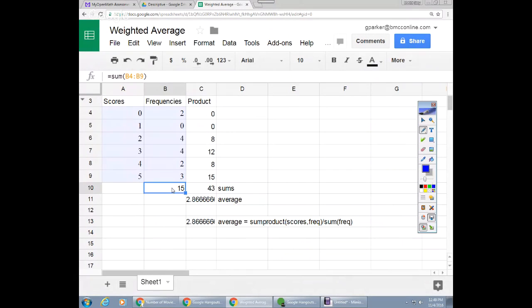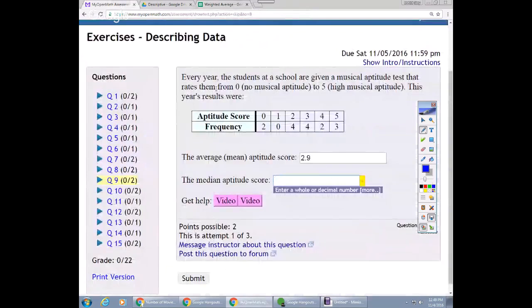Okay, so what number's in the middle of 15 numbers? 15 plus 1 is 16, divide by 2. The 8th number is the median. So all I have to do is look at the table and say, where is the 8th number going to live? Well, there's 2 here, 6 here altogether, 7, 8, 9, 10 over to here.